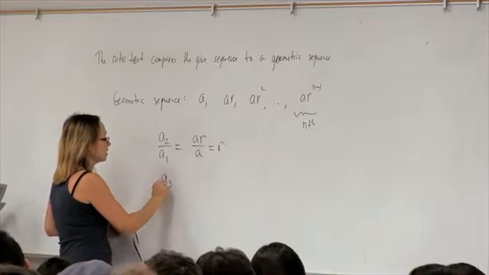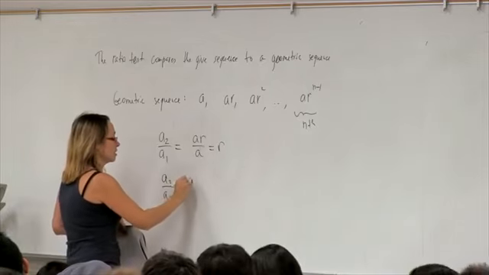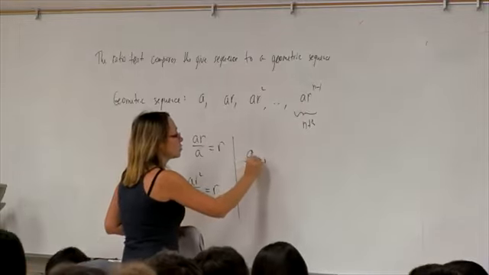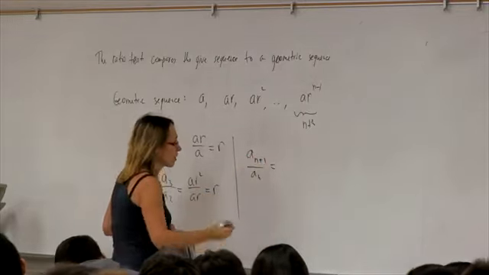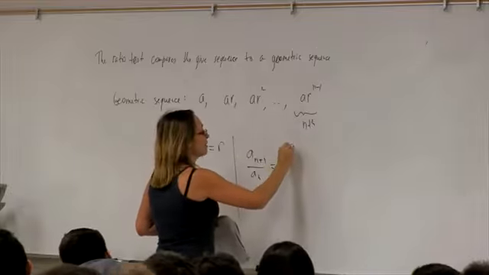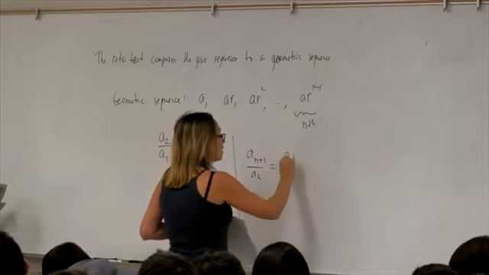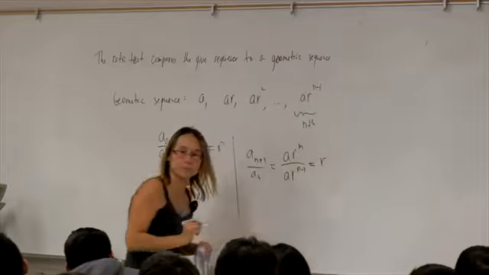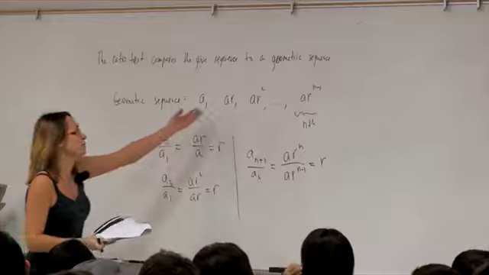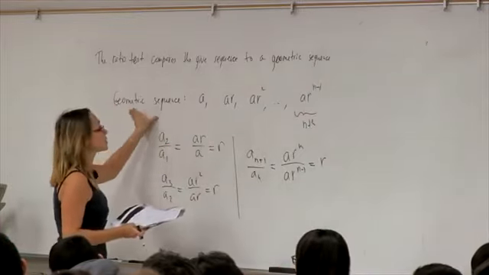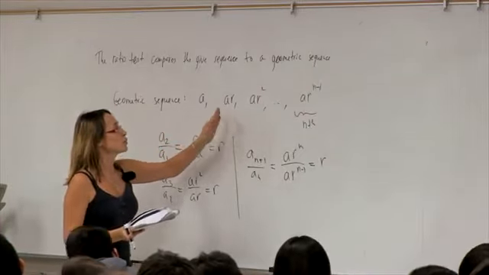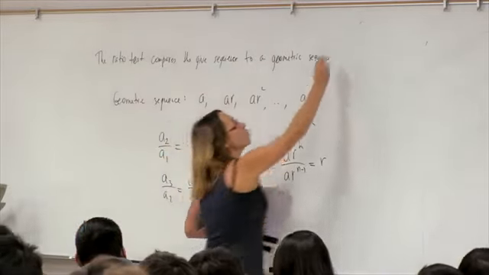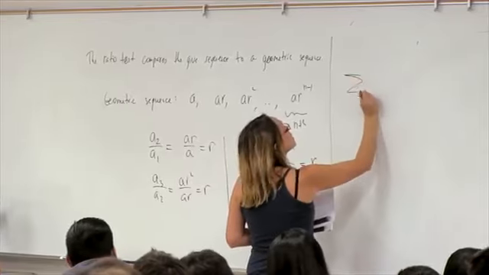What is a3 over a2? ar squared over ar is r. What is a_(n+1) over a_n? That's ar^n over ar^(n-1). So that's r. Okay? So by the very definition, a geometric sequence has terms where each term differs from the previous one by a factor of r.